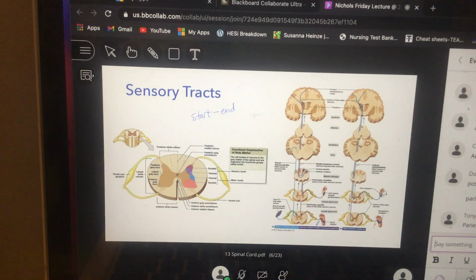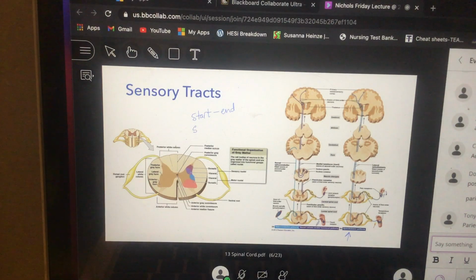Start, end. Okay? So, look at the question just below that. Where does the spinothalamic tract begin and end? Okay? This is not a trick question. In its name, it tells us, and this is the one that's pictured way over here in the bottom right too, the spinothalamic pathway or the spinothalamic tract.